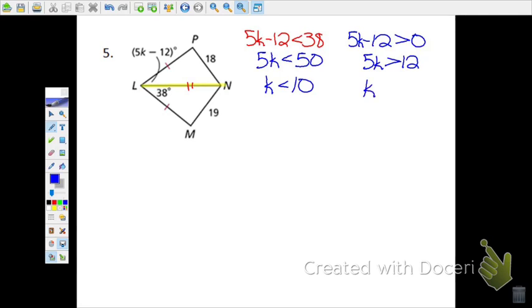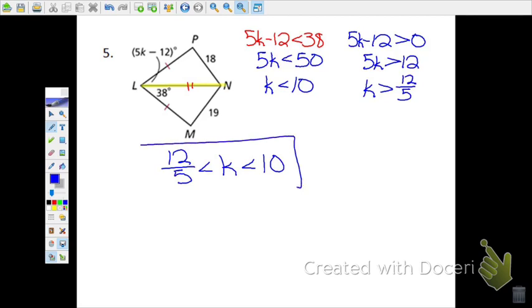Divide by 5. K is greater than 12/5. And again, we can leave it as that improper fraction. So 12/5 less than K less than 10. And that is my answer.